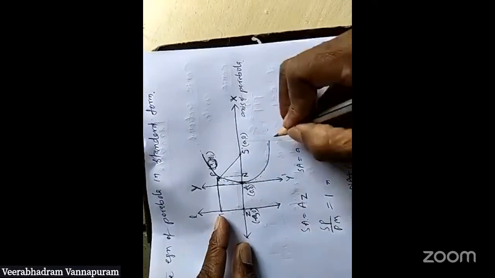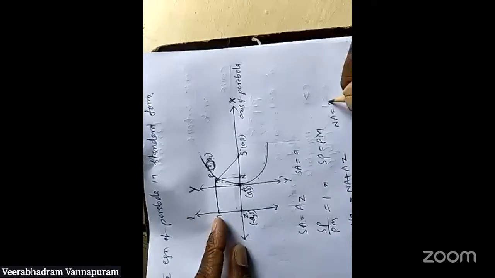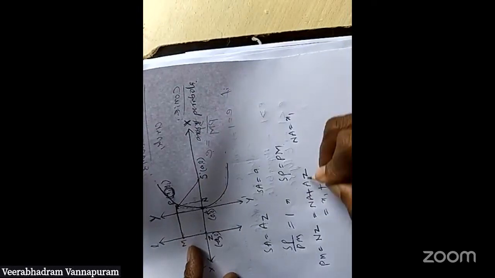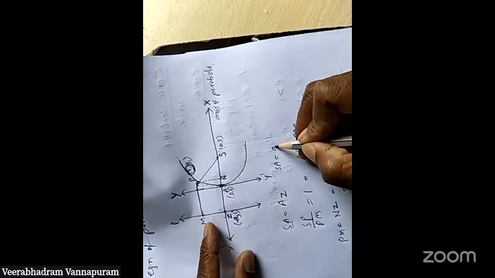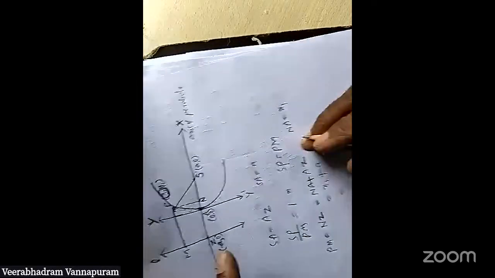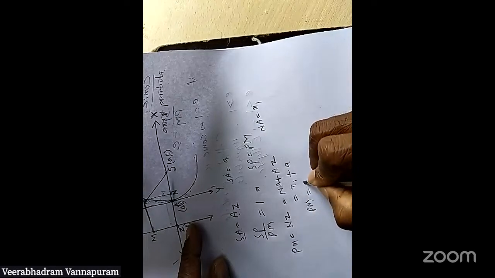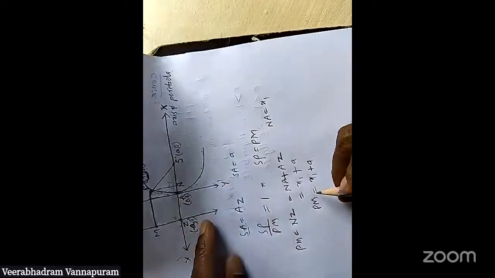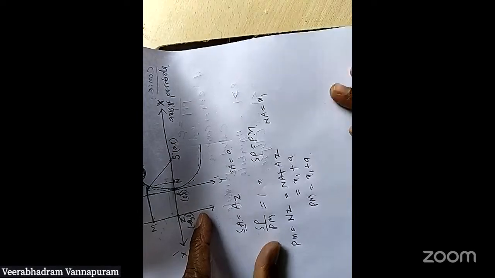So NZ is x1 plus AZ. Here SA equals AZ and SA is small a, so AZ is also small a. Therefore, PM is equal to x1 plus a. This is the perpendicular distance from the point to the directrix.